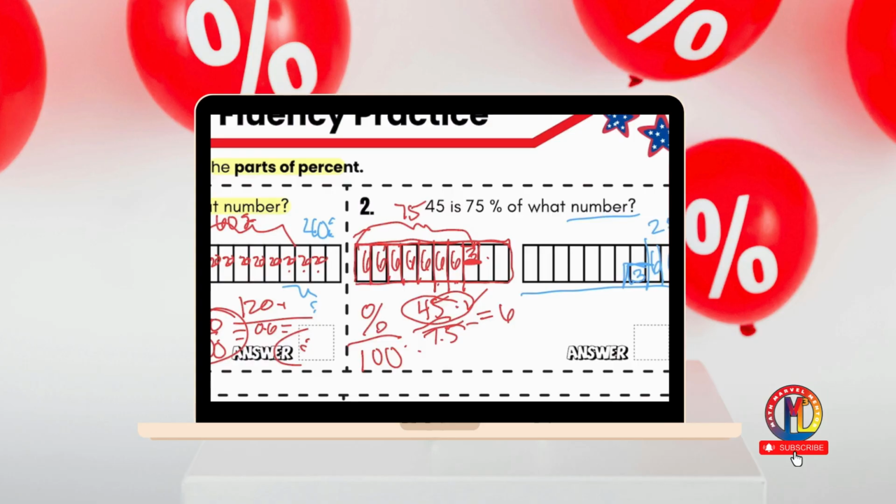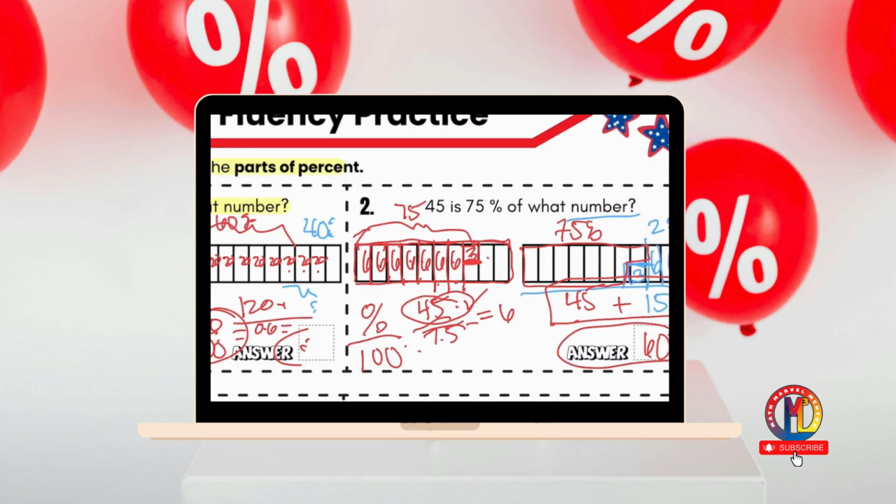And so 6 and 6 is 12, and 12 plus 3 gives me 15. So now I know that this representation is 75%, and it's the number 45. And I want to know what the whole amount is. So I can simply add 45 plus 15, and I get 60, and that's my answer.